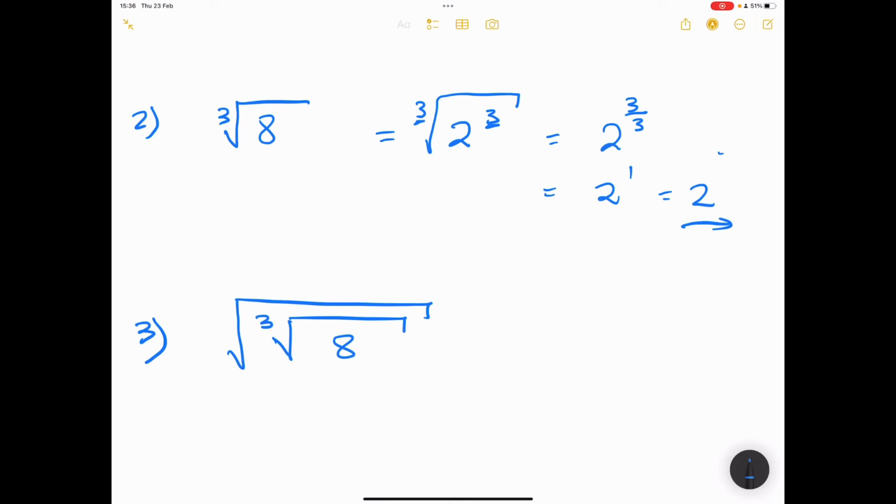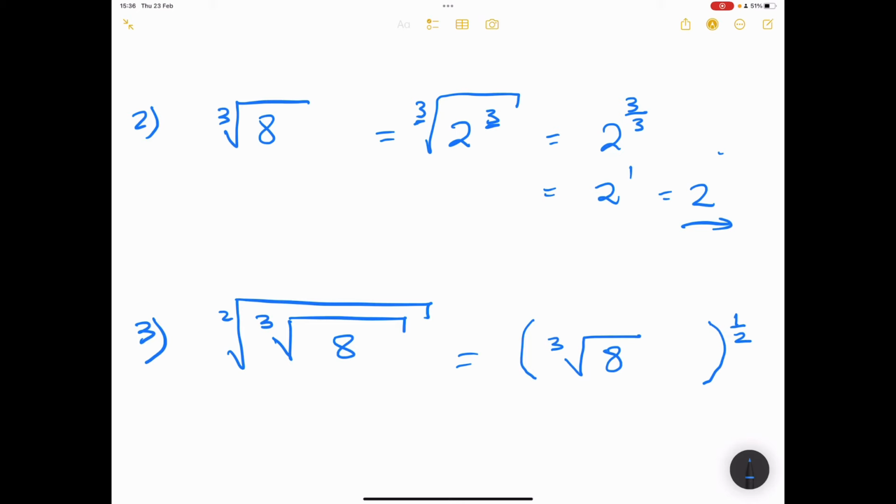We said we break numbers down into prime factors. So let's start with what is outside. That's the square root, right? So remember, it means that we've got the cube root of 8 raised to the power 1 over 2, right?